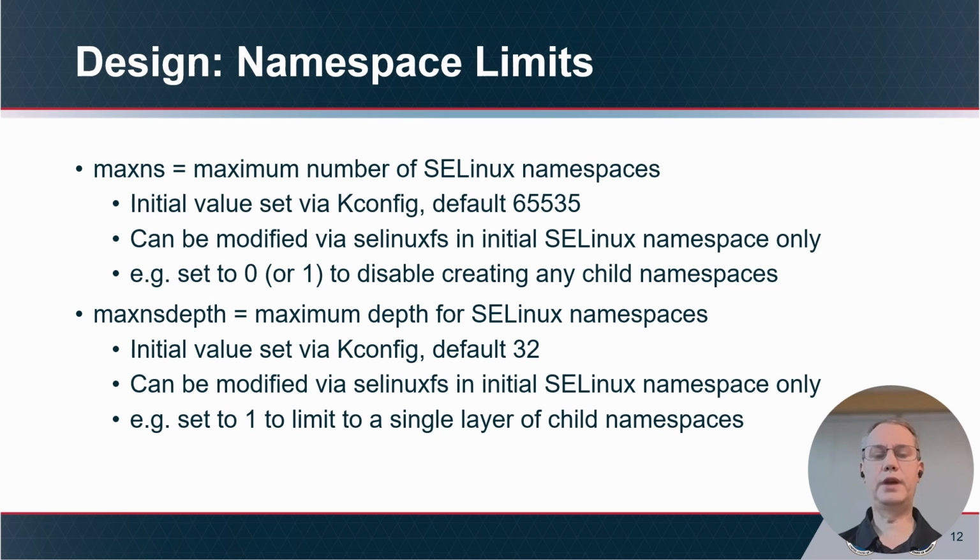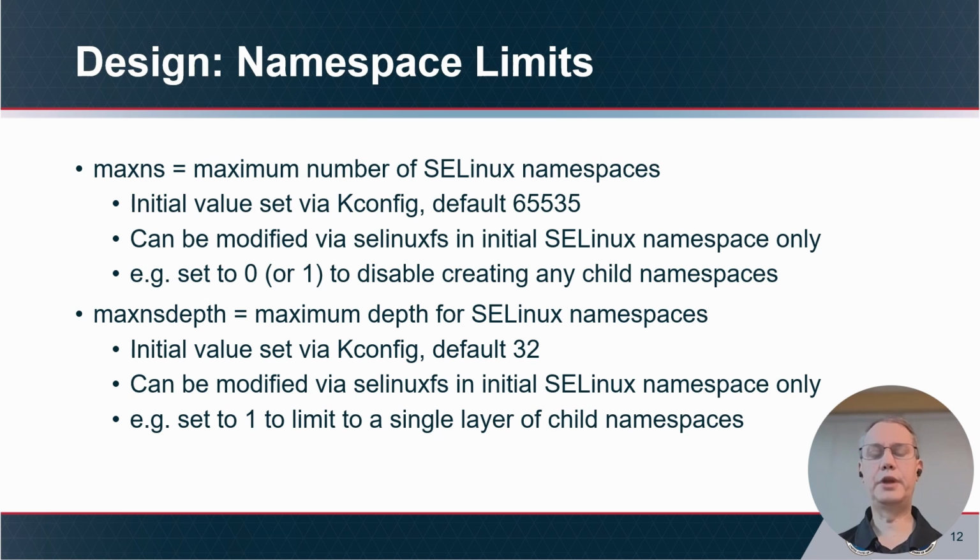For SELinux, we defined two limits: a maximum number of SELinux namespaces, which controls the total number of SELinux namespaces that can exist at any given time, set via both the kernel configuration option for a default value, similar to that of other Linux namespaces, but also tunable using SELinux FS, but only from the initial SELinux namespace, so that child namespaces cannot change the limit that's being imposed. You can set that limit to 0 or 1 to disable creating any child namespaces at all if you don't want to make use of the functionality.